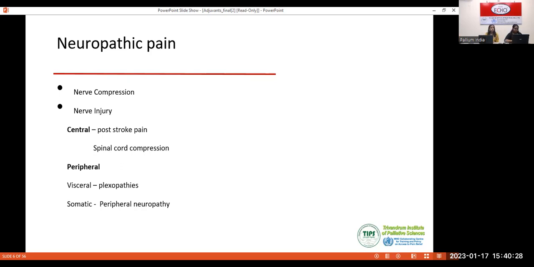It can be due to stroke. That means a stroke happened, so it has affected the brain itself, so some of the areas will have neuropathic pain. Or it can be due to plexopathies, like we see in diabetes, or in some chemotherapy drugs, they say peripheral neuropathy. So these kinds of plexopathies are another reason for neuropathic pain.